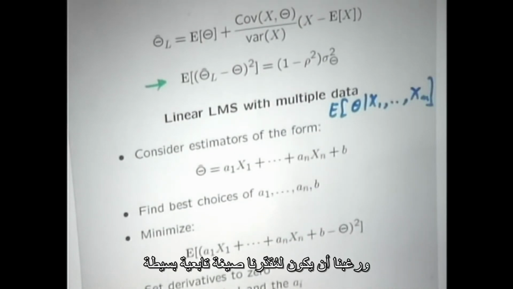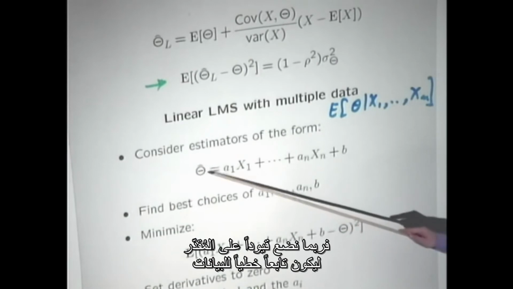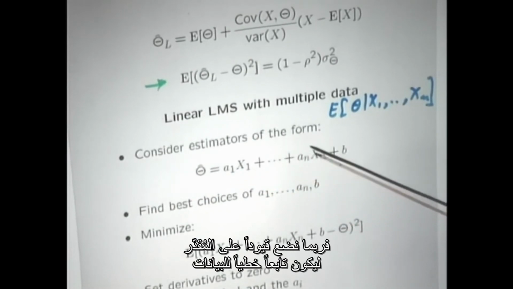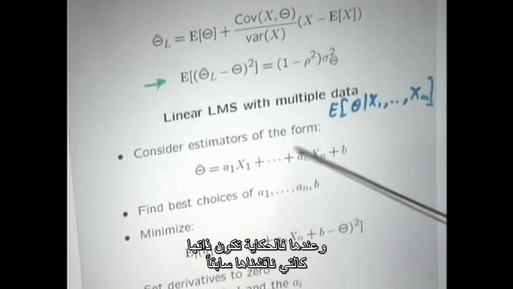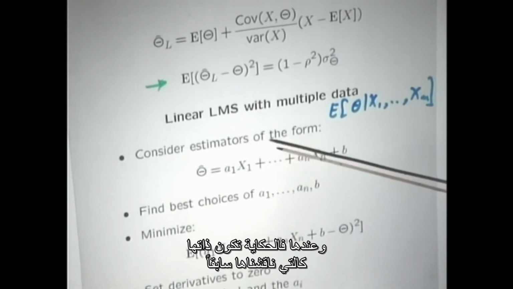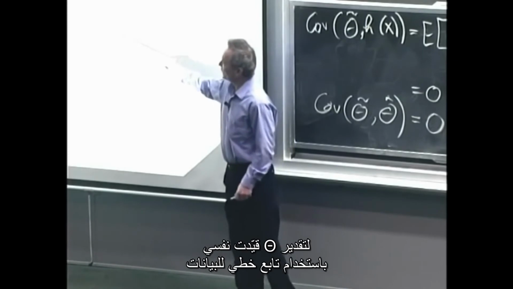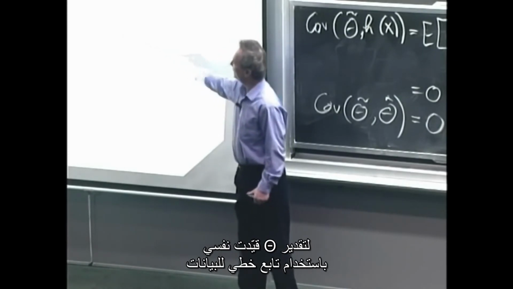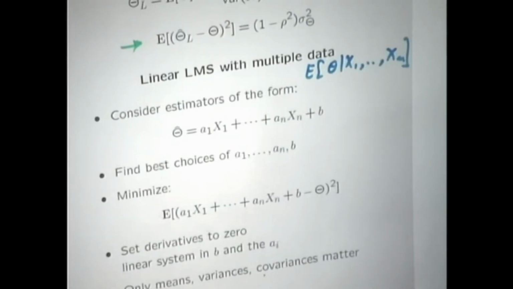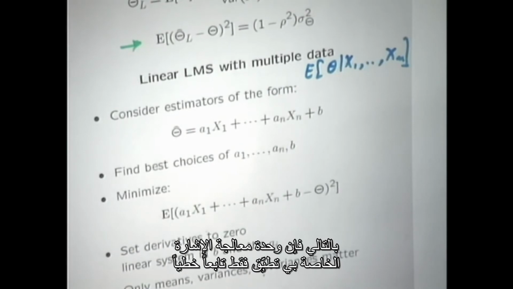But if we want to keep things simple, and we want our estimator to have a simple functional form, we might restrict to estimators that are linear functions of the data. And then the story is exactly the same as we discussed before. I constrained myself to estimating theta using a linear function of the data. So my signal processing box just applies a linear function.